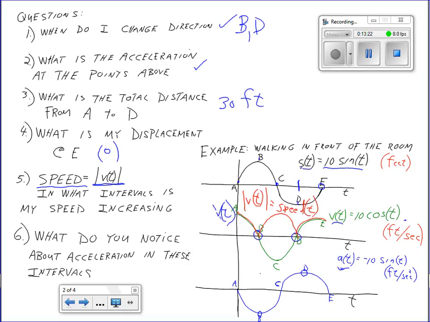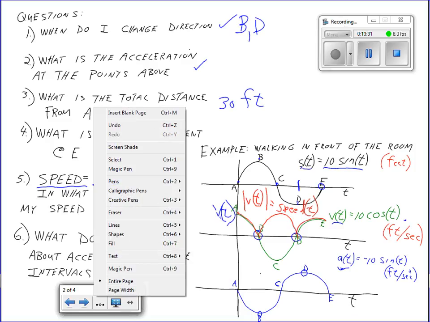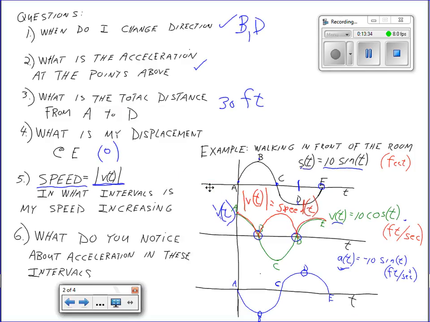It asks me, in what intervals is my speed increasing? From A to B, the speed's going down. From B to C, it's going up, isn't it? Speed is going from 0 to maximum. So from B to C, it's increasing, so I'll write that down. Now from C to D, it's decreasing, but from D to E, it's increasing.